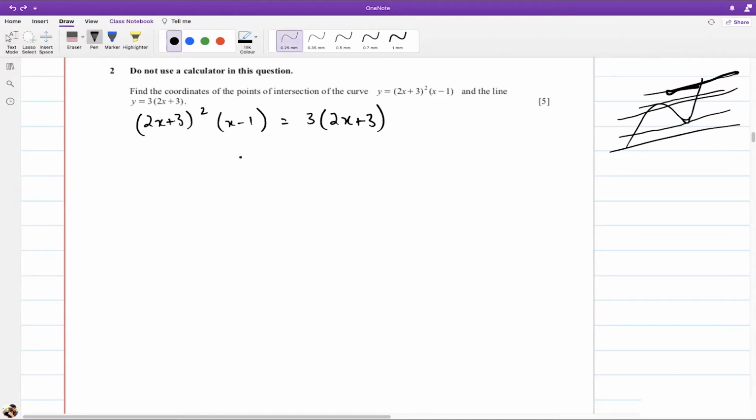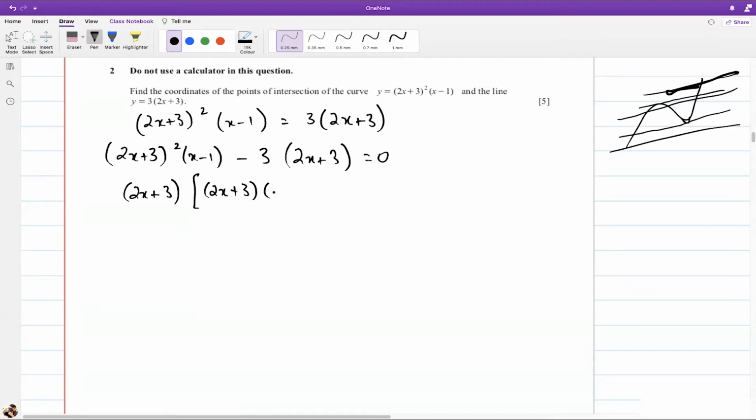So what I would suggest instead is that you bring it all to one side. So this goes like that, minus 3 times (2x plus 3) equal to 0. And now you can take 2x plus 3 as common. And what that leaves you with here is (2x plus 3) into (x minus 1 minus 3). Okay.